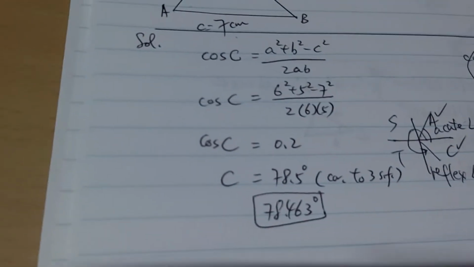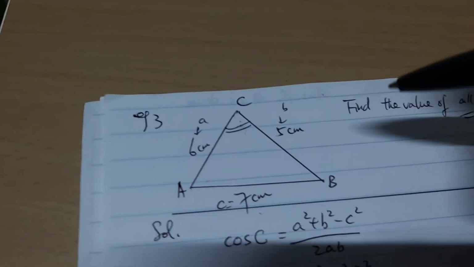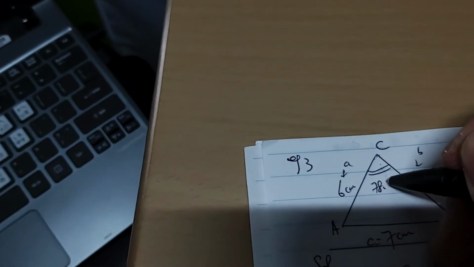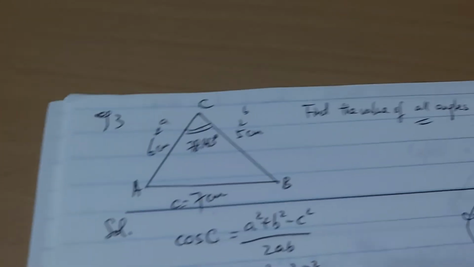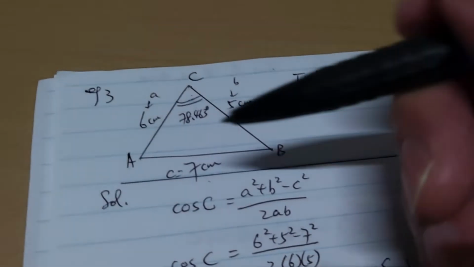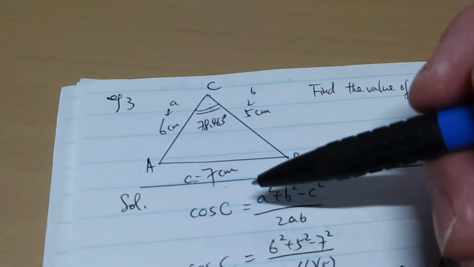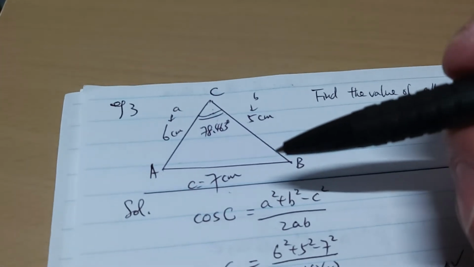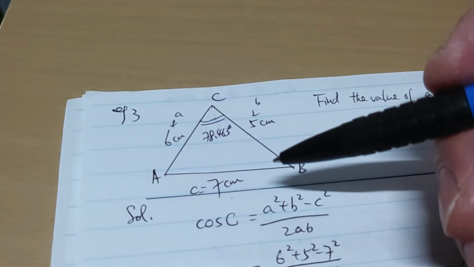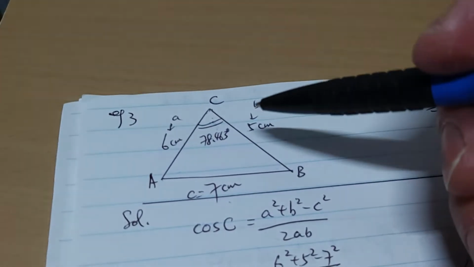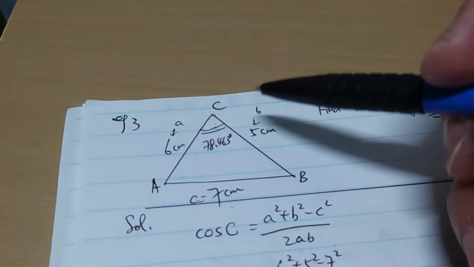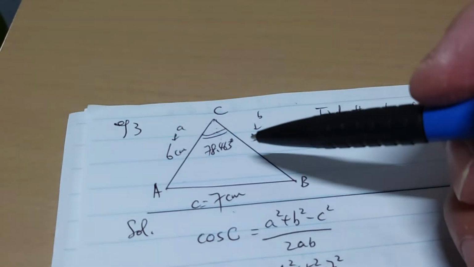Okay? So now we have already solved this angle. So we need to find all angles. We can find A or we can find B. In this case, do we still need to use the cosine formula? Well, we can still use the cosine formula.